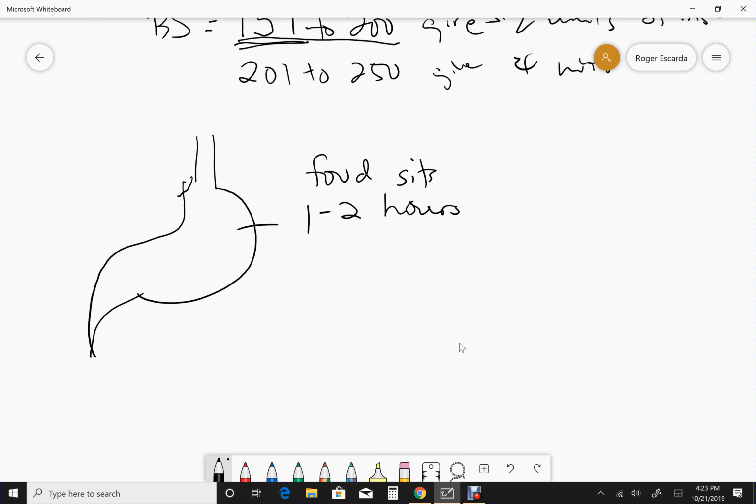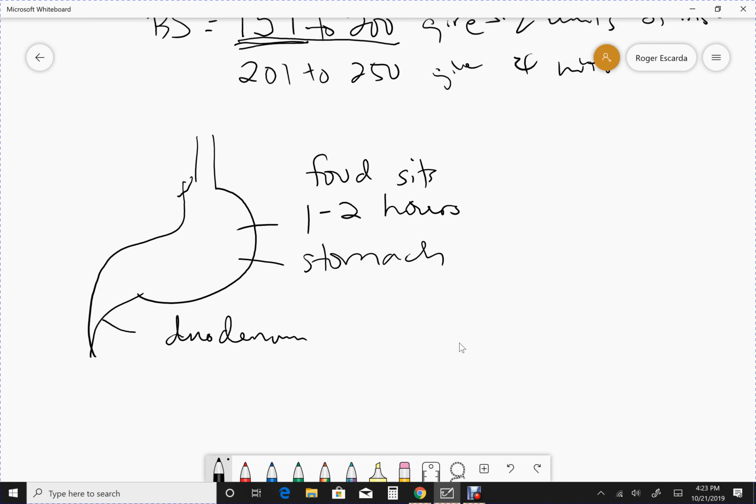The purpose of this is, of course, to liquefy the food you just ate, so the stomach acids will be there and turn it into liquid before it enters the duodenum. So this is your stomach, and this is your duodenum.